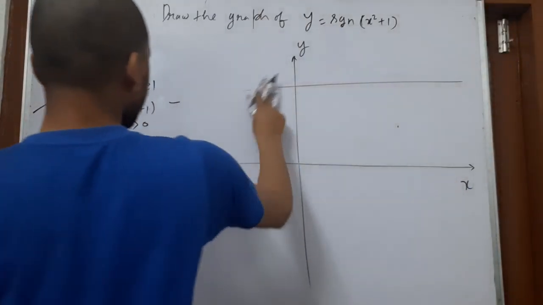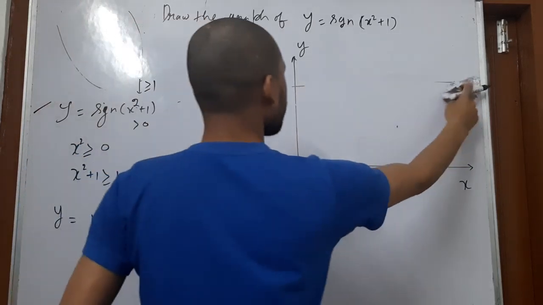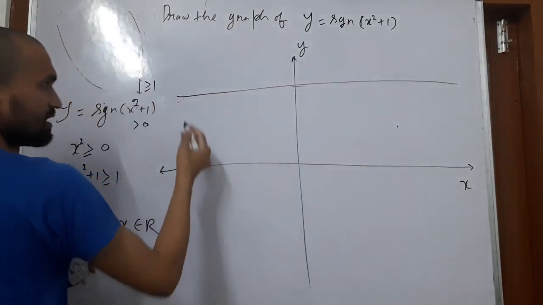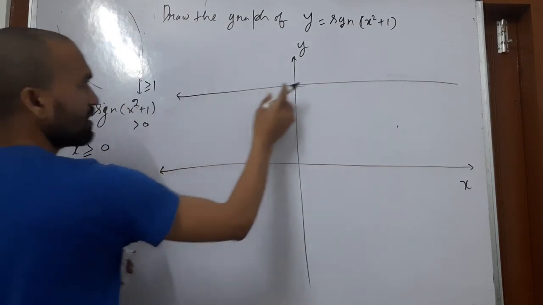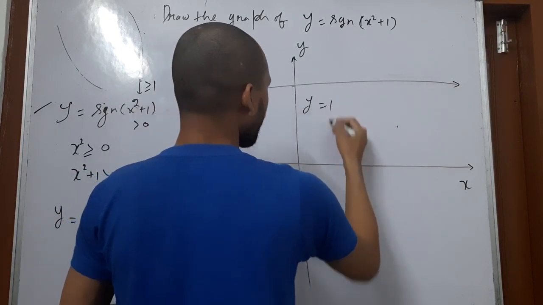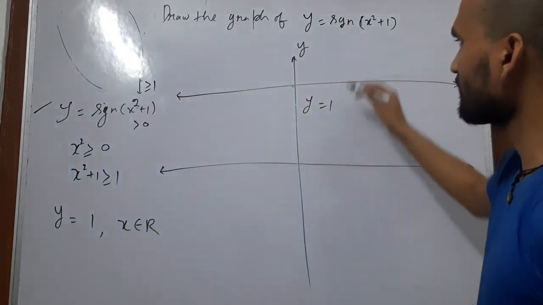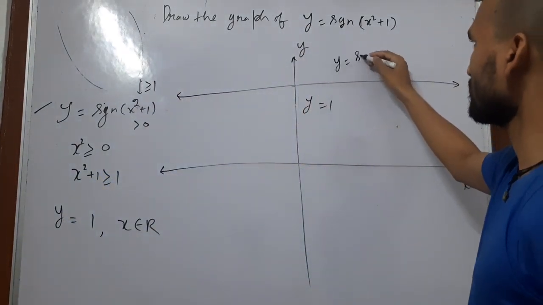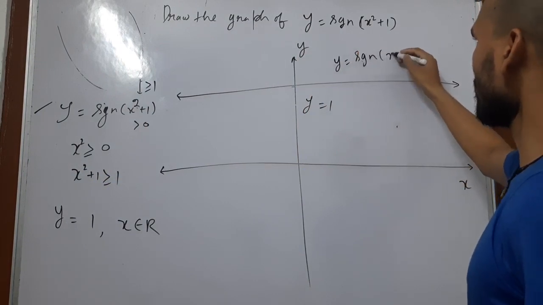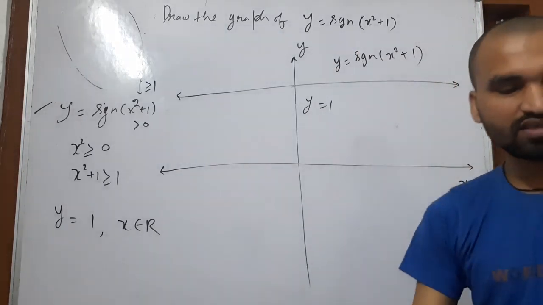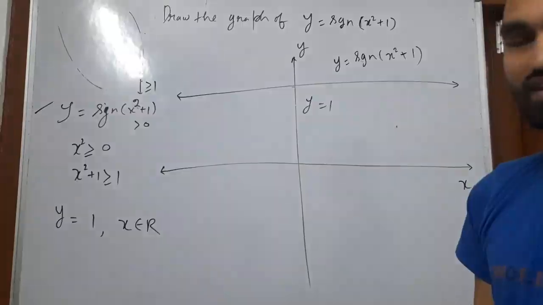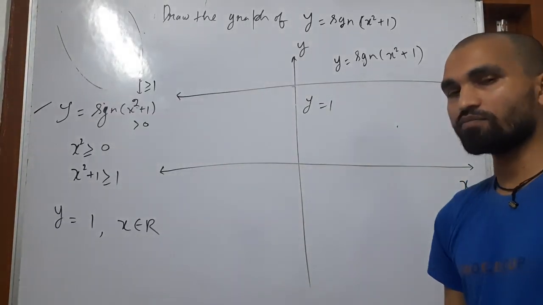This is the y equal to 1 line, because the y equal to 1 line is always parallel to the x-axis. This is the graph of y equal to signum x square plus 1. Okay students, so we have easily drawn the graph of signum x square plus 1.